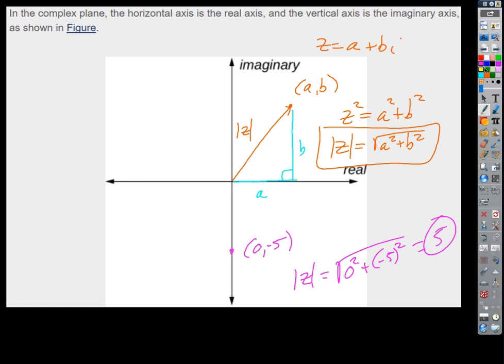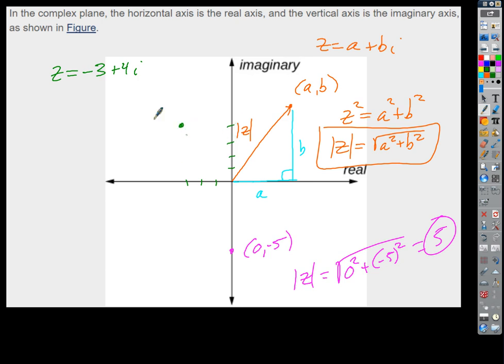Let's try one more. You guys try this one on your own real quick. What if we have a point out here, let's say over here in quadrant 2 in the complex plane, where we have z equals -3 plus 4i. We did that one, right? We go back 3 and up 4.